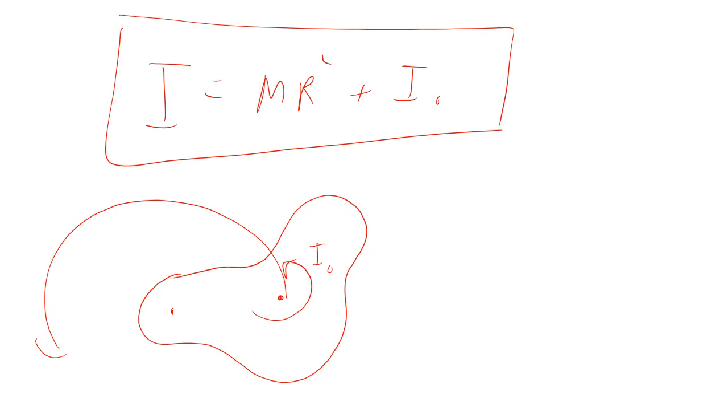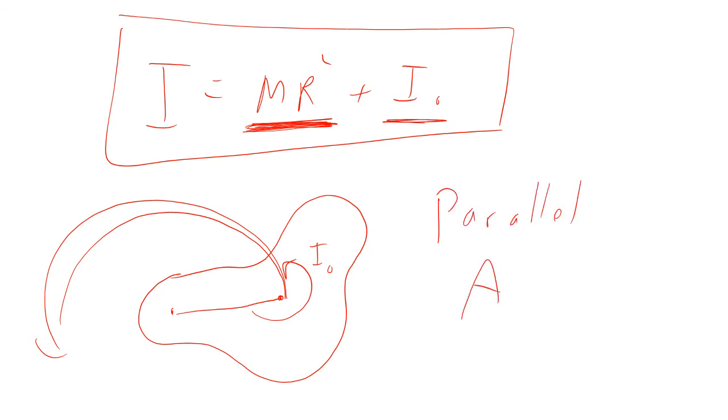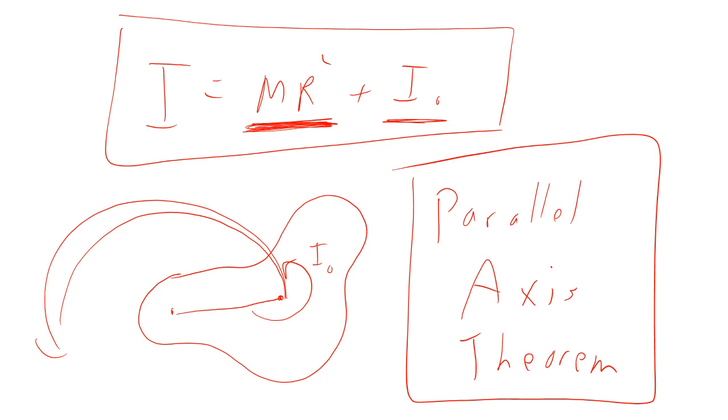So it's as if the center of mass is going around. So this is going to be the moment of inertia of the center of mass going around, plus the moment of inertia of the thing rotating. And so we call this the parallel axis theorem. The parallel axis theorem says that the moment of inertia is simply the moment of inertia of the center of mass going around plus the moment of inertia around the center of mass.